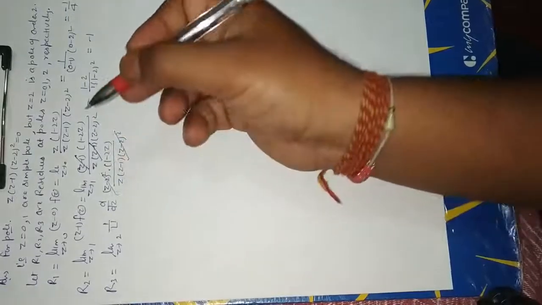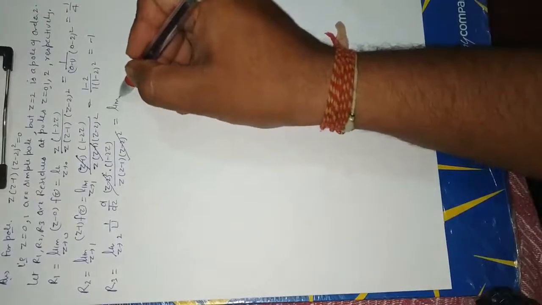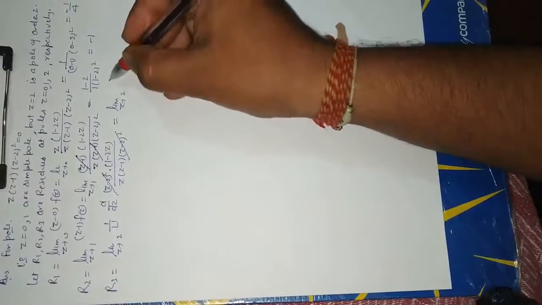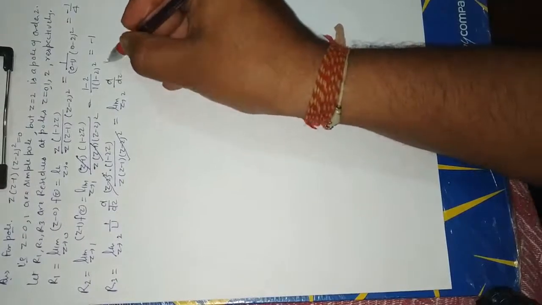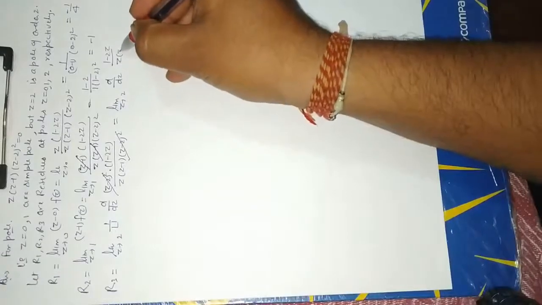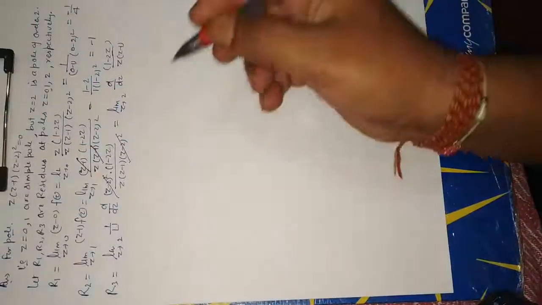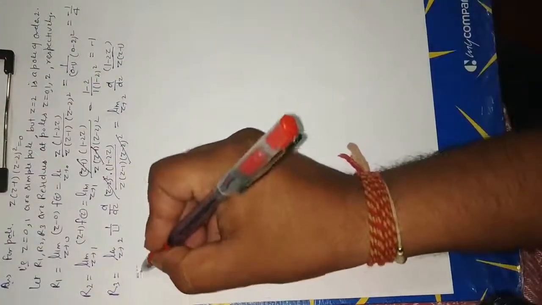Now (z minus 2) cancels. That is limit z tending to 2 of d upon dz of (1 minus 2z) upon z into (z minus 1) only. Differentiate here.